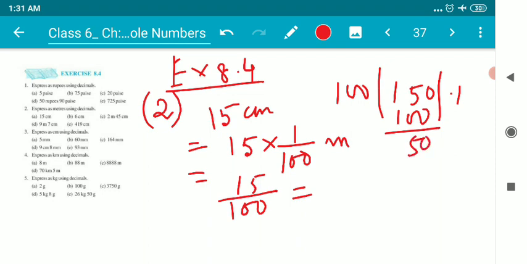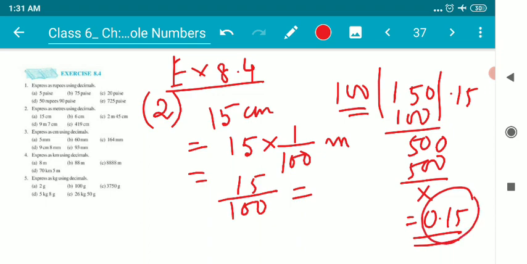The 50 is smaller than 100, so naturally you need a 0. As you have taken a point, you will get a 0 automatically. Then 5 into 100 will be 500. Okay, so the answer is 0.15 meter.